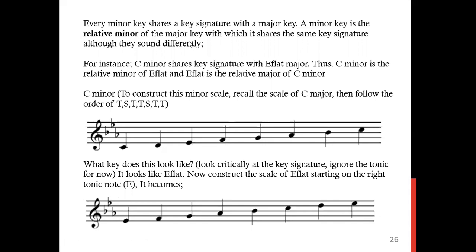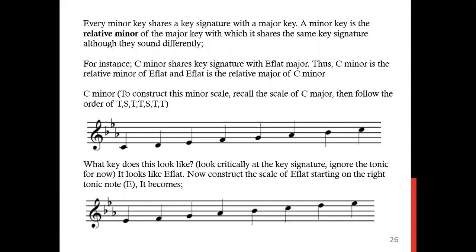Because if you move from E flat... F. Let's start again. C to D, D to E flat, and E flat to F. Yes, because it has to be a tone, right? So E flat to F.